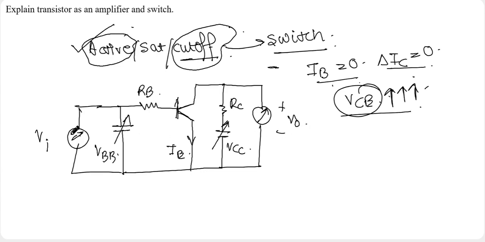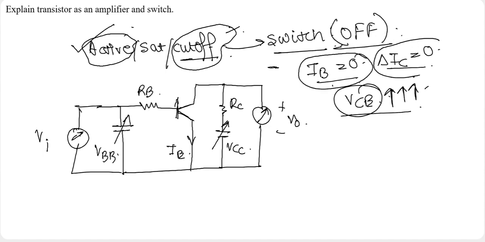When the transistor is used as a switch, there are basically two operating regions. One region I have explained here, which is the cutoff region. During this cutoff region, the transistor will operate as a switch, but it will be acting as off, because during this time the current passing through the transistor will be equal to 0.